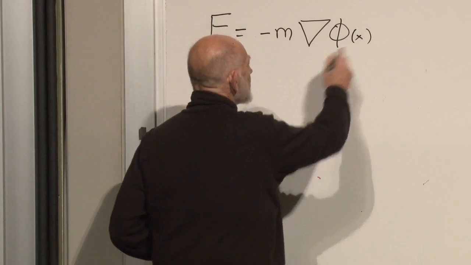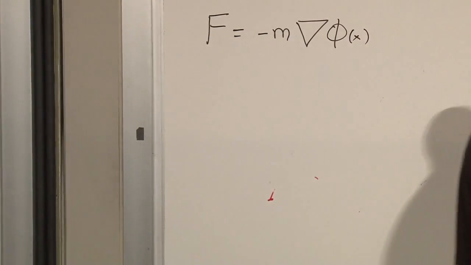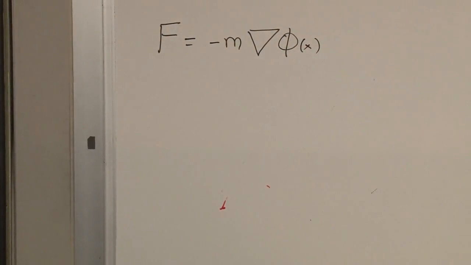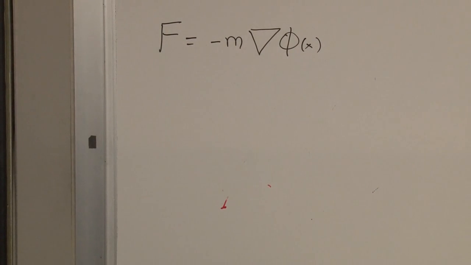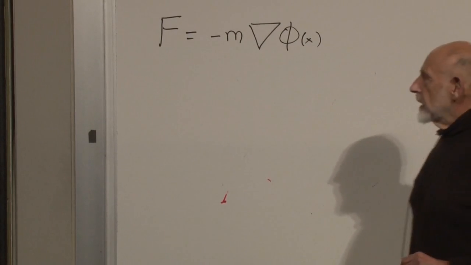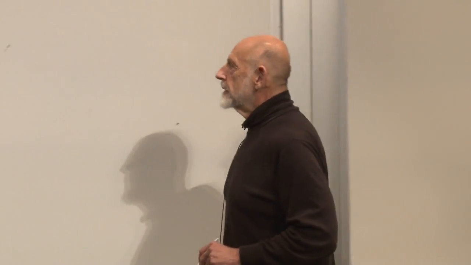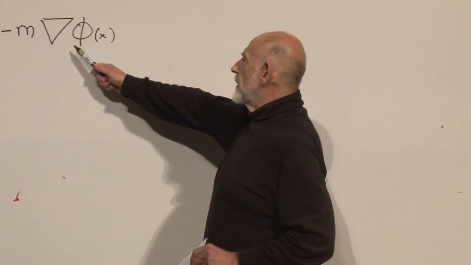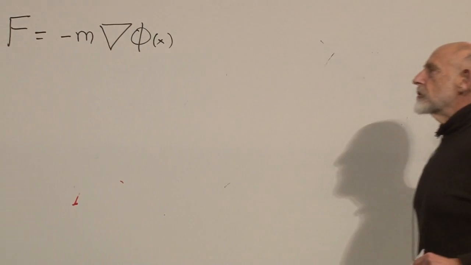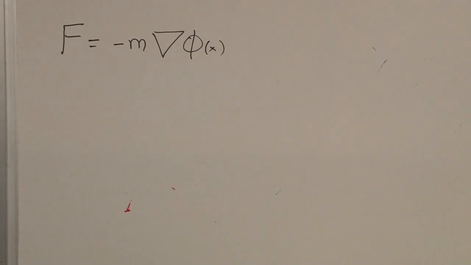Everywhere in space, due to whatever reason, there is a gravitational potential called phi of x, and it varies from place to place. You multiply it by m, the mass of the object, and you take the gradient, and that tells you the force on the object.